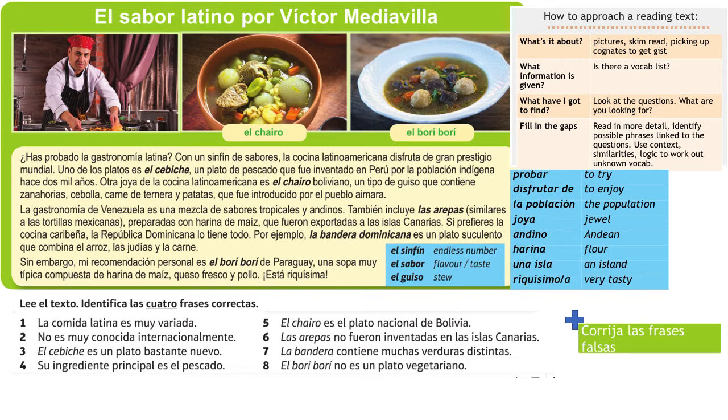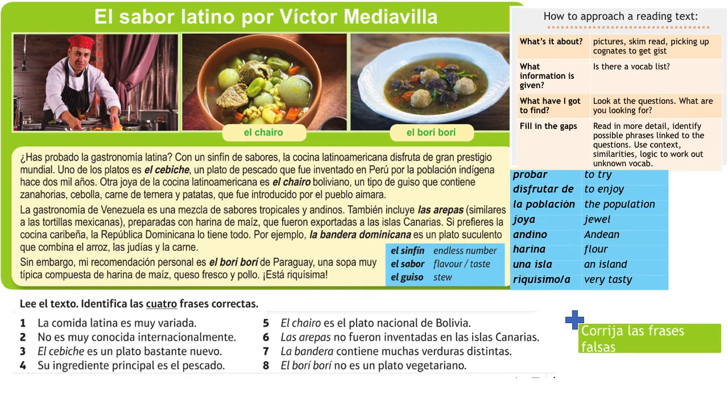Número 4. Su ingrediente principal es el pescado. So we're still talking about el ceviche, which it describes in the article as un plato de pescado. So número 4 es verdad. Number 4 is true. Número 5. El jairo es el plato nacional de Bolivia. So here we've got el jairo.